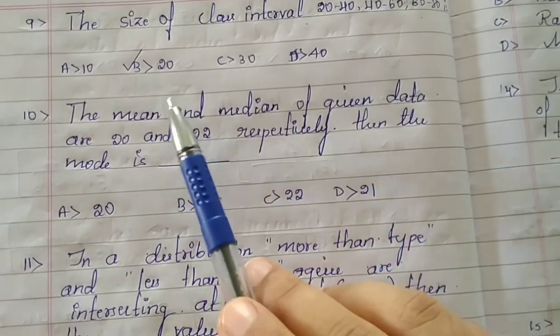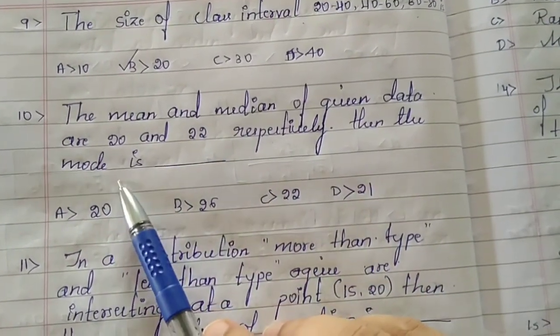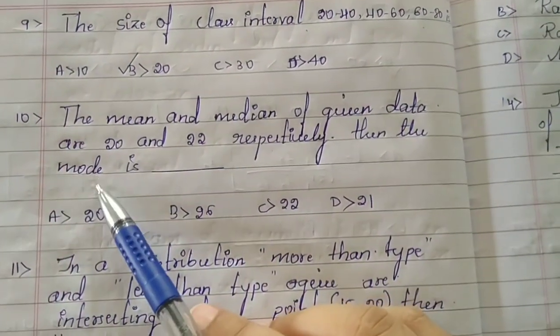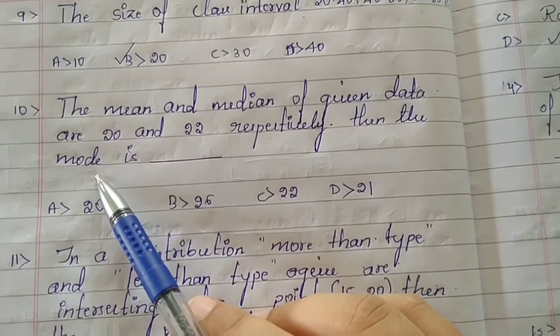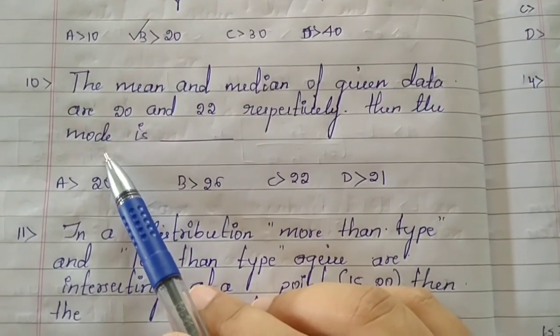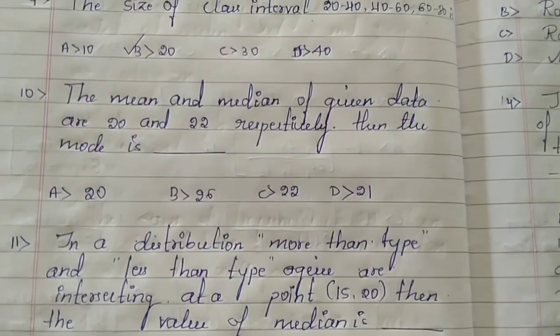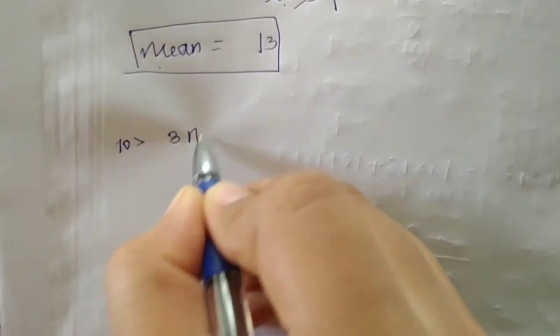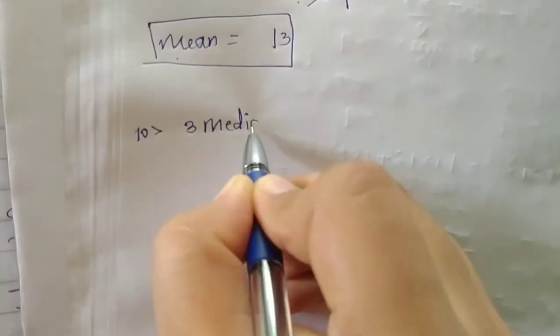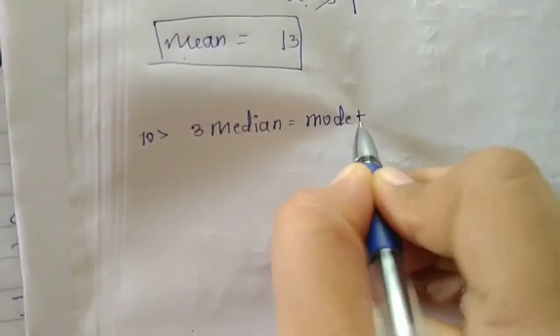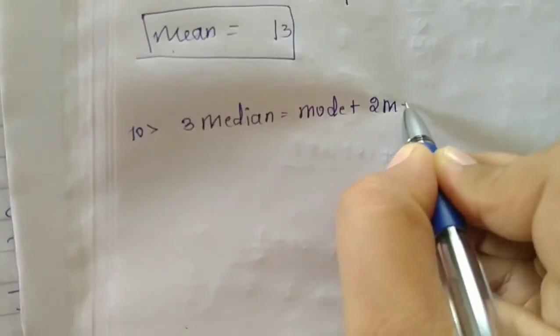So what you have to do is, there we calculated the value of median, right? So now you have to calculate the value of mode by using the empirical relationship between the central tendency. We will see the solution now. We know the formula, that is 3 median equals mode plus 2 mean, right?